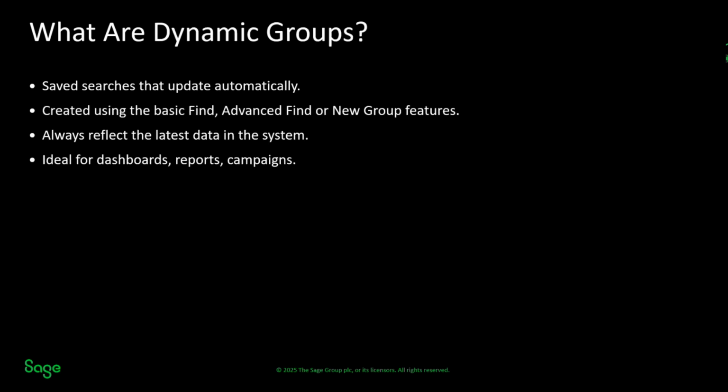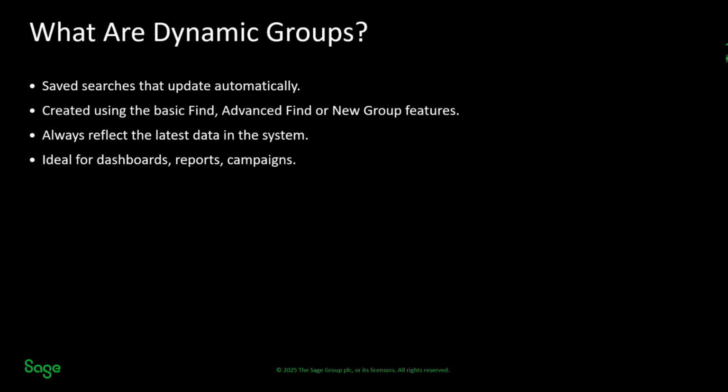First of all, to explain the idea of a dynamic group, this is perhaps the easiest to understand, where we've just come from dealing with the previous lessons on finding information and the advanced find feature. We can think of them as a type of saved search that will update automatically. A group is a standing query against the database.